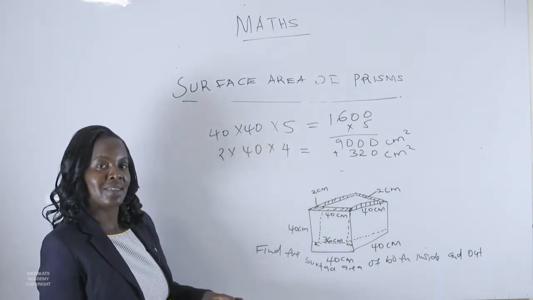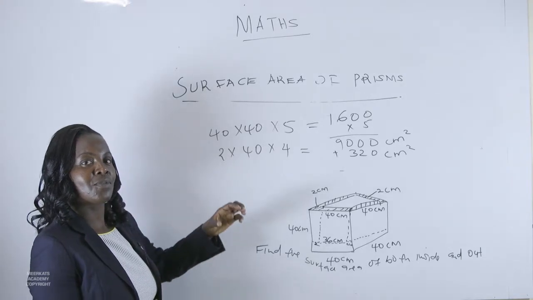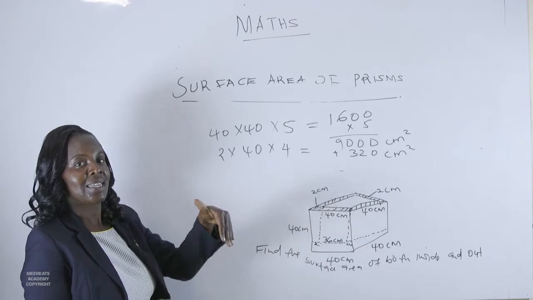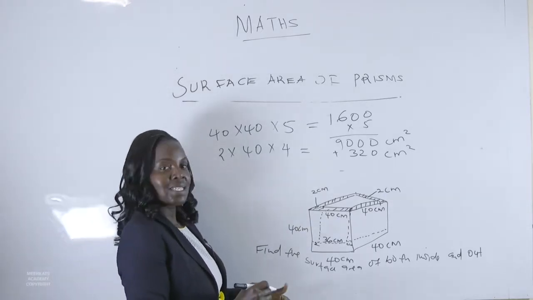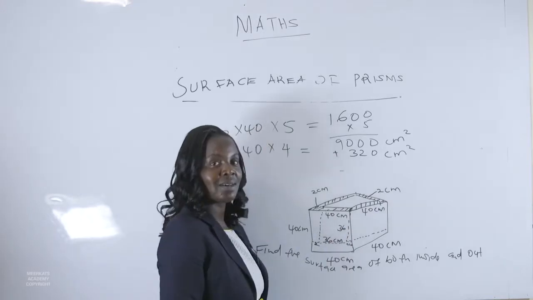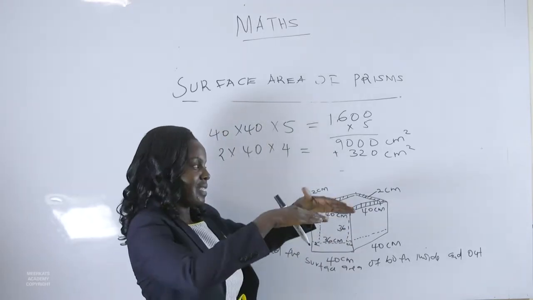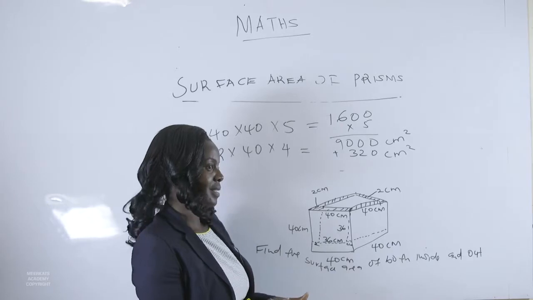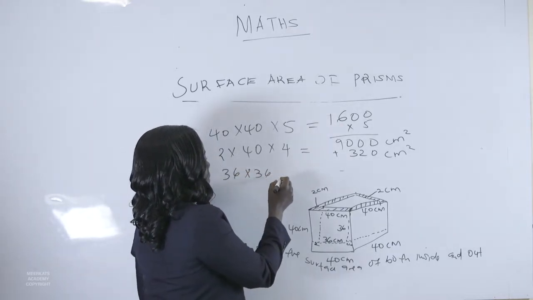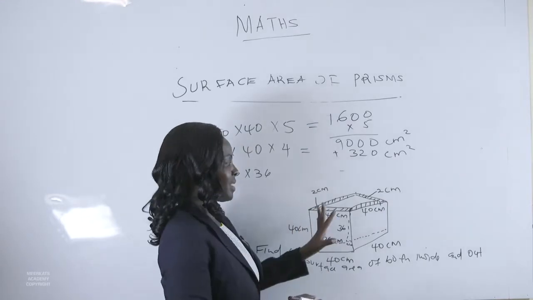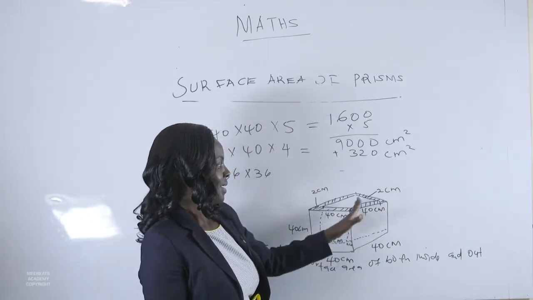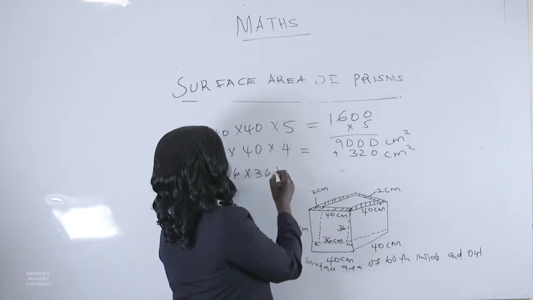We are trying to find the dimensions of the surfaces inside the box. Because this is a cube, it will be the same all round. So that means inside we have 36 by 36. How many surfaces do we have inside? You realize we have this side, the end, and bottom, again times 5.